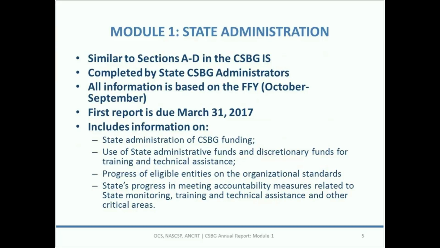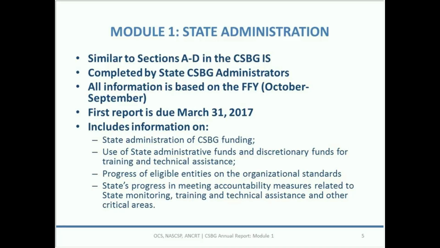Many of these sections are very similar to sections of the CSBG-IS that states are very familiar with reporting on. This module of the annual report is completed by state CSBG administrators. There's very little information here, if any, that would be required to be reported by the eligible entities.